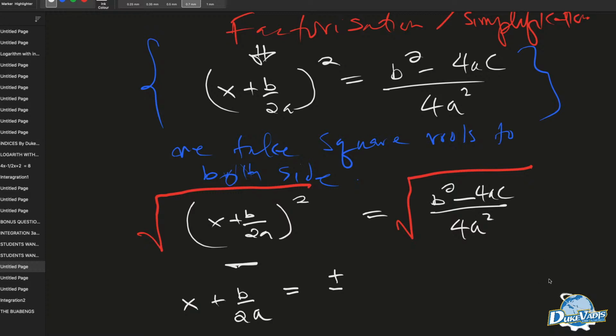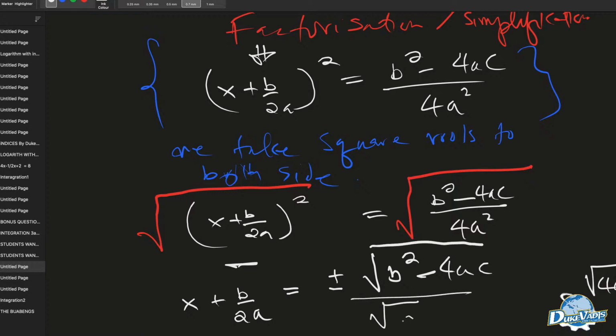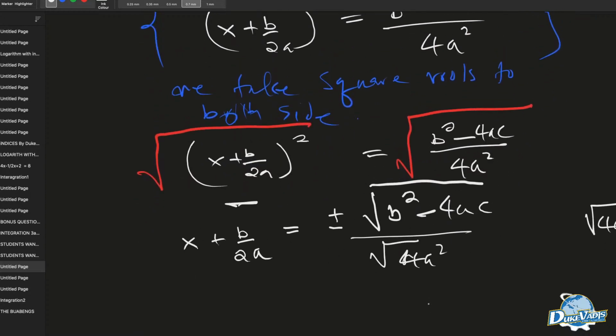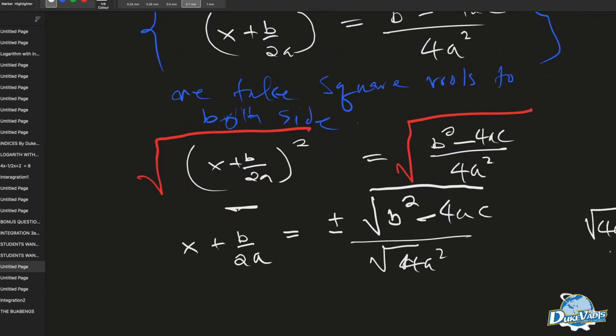When we take the square root of 4a squared, we can expand it and say the square root of b squared minus 4ac, and the square root of 4a squared is equal to 2a.